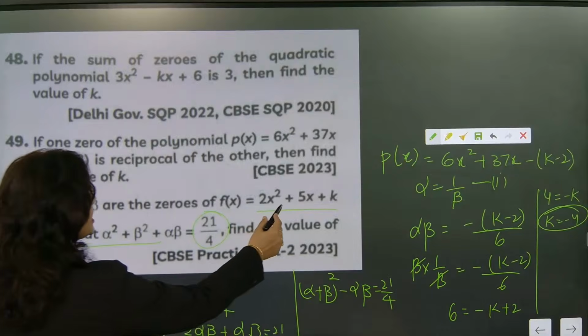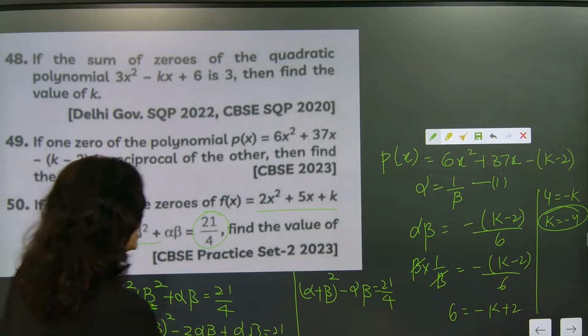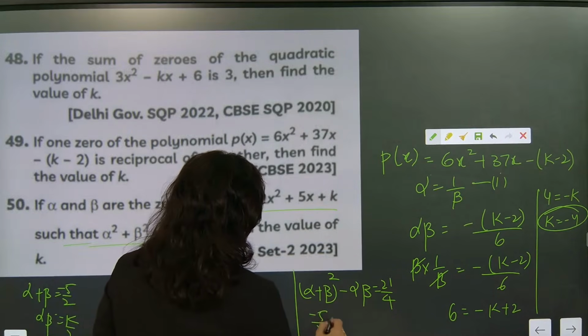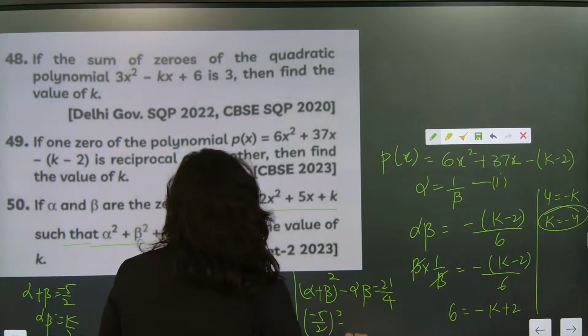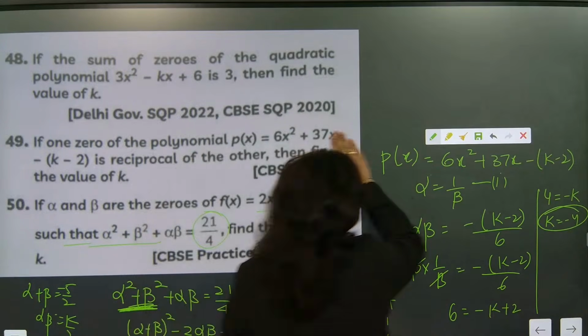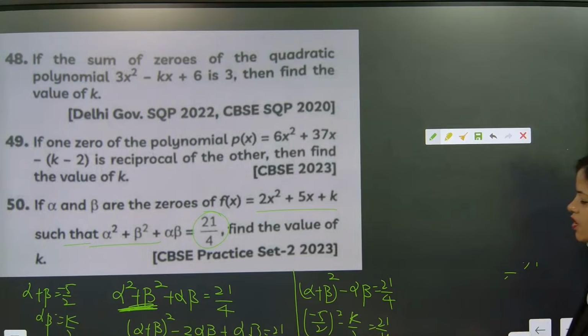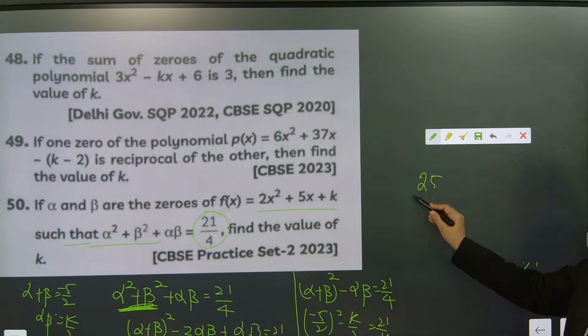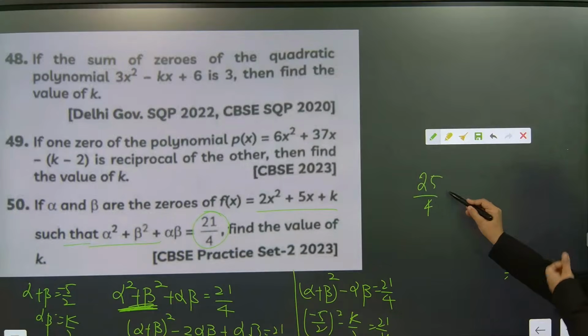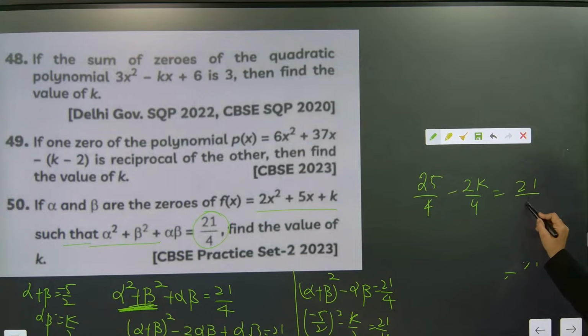Now beta, minus 2 alpha beta plus alpha beta, what will it become? Alpha plus beta whole square minus alpha beta is equal to 21 by 4. Now from here, can we take alpha plus beta? What is alpha plus beta? Minus 5 by 2. And what is alpha into beta? So here, minus 5 by 2 whole square minus k by 2 is equal to 21 by 4. Now just one short work is left. It will become 25 by 4 minus 2k by 4 is equal to 21 by 4.